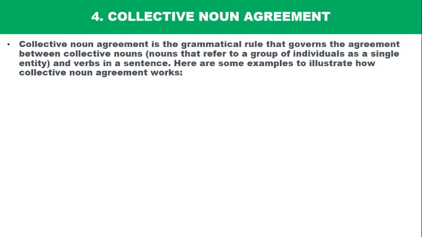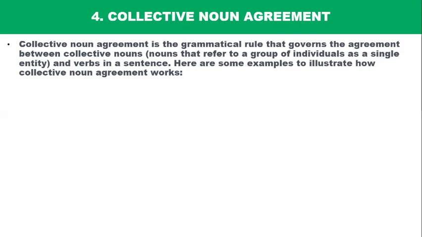Now, this brings us to collective noun agreement. And collective noun agreement is the grammatical rule which governs the agreement between collective nouns, which of course are nouns that refer to a group of individuals as a single entity, and verbs in a sentence. When you are using collective nouns, there must be agreement between that collective noun and the verb in a sentence.